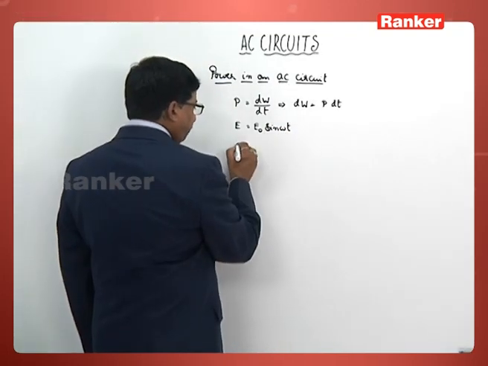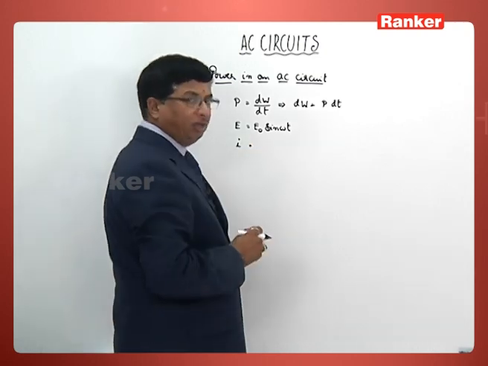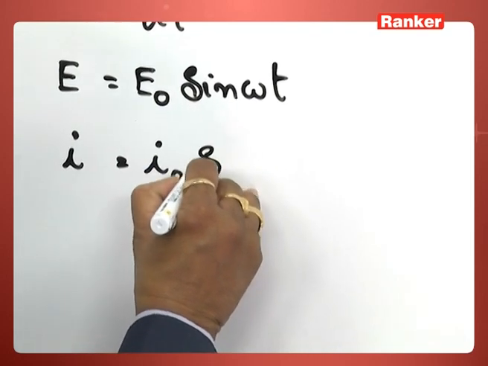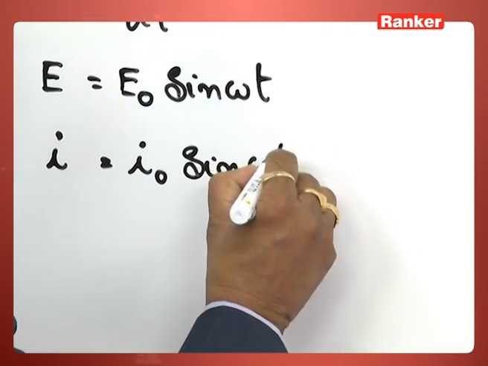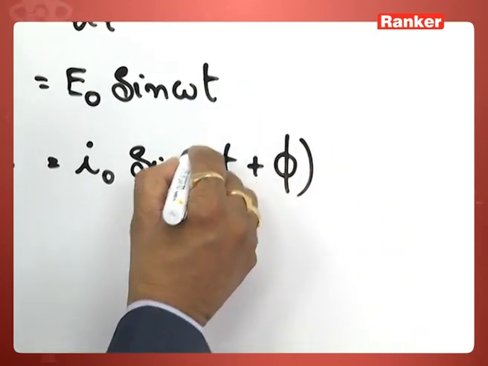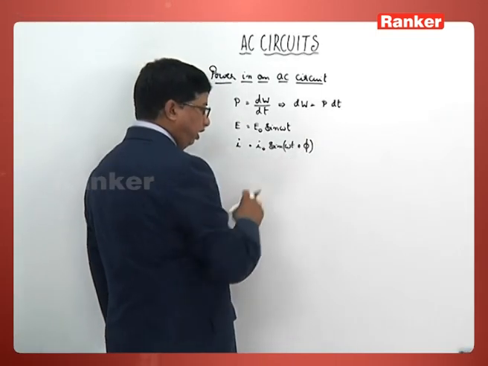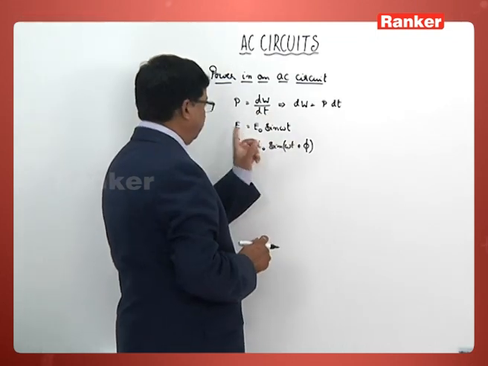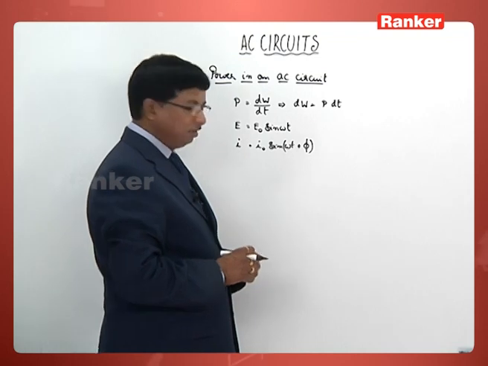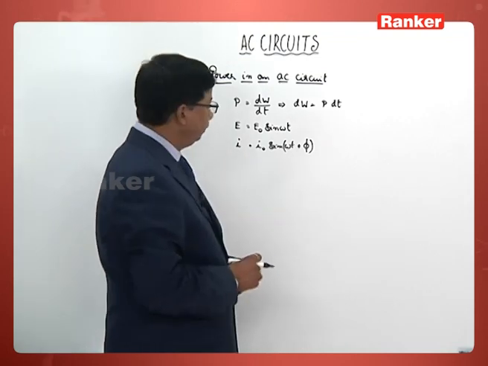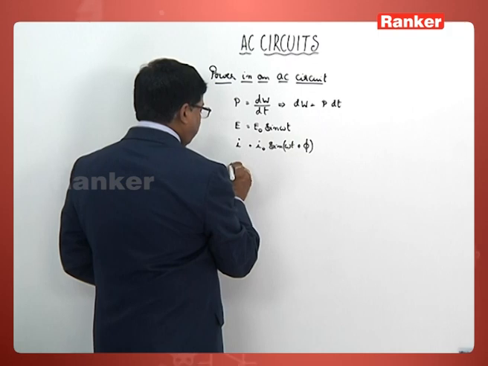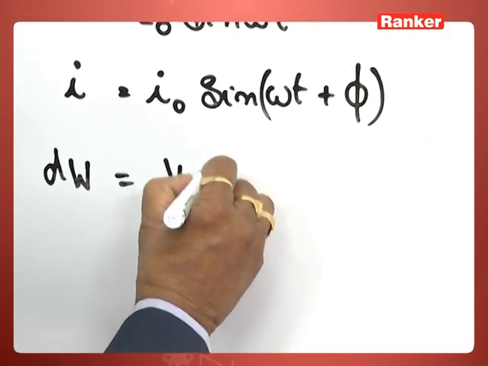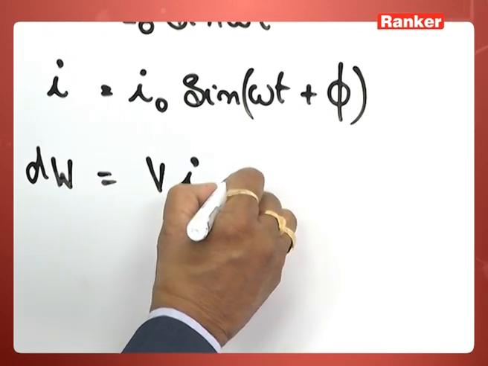In the same manner, the instantaneous value of current, let us write as I naught sin omega t plus phi. In fact, this phi directly gives us the phase difference existing between this EMF and this value of current. So dW can now be rewritten as voltage into current into dt.